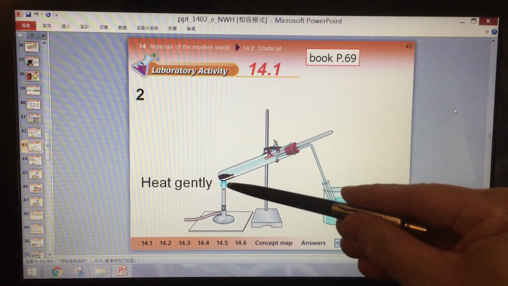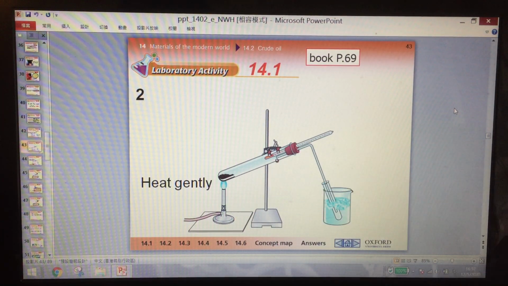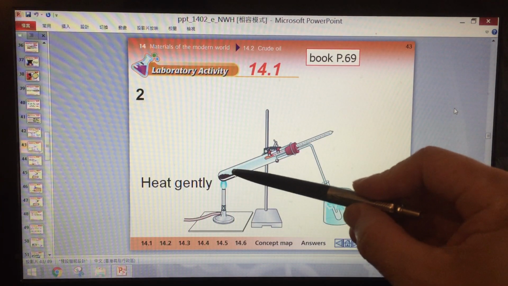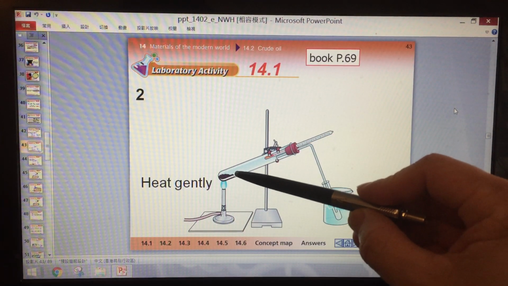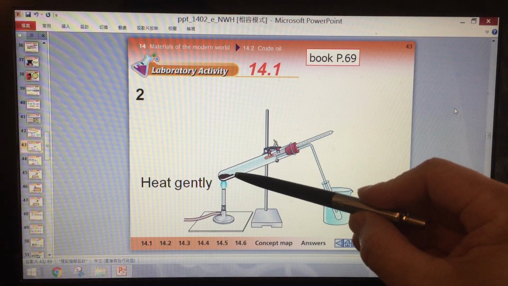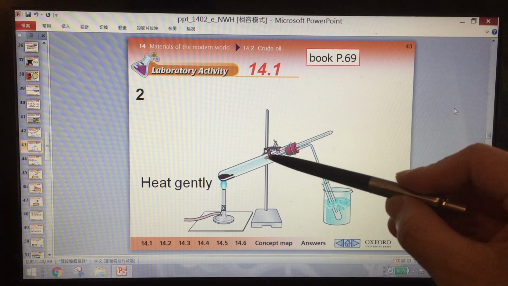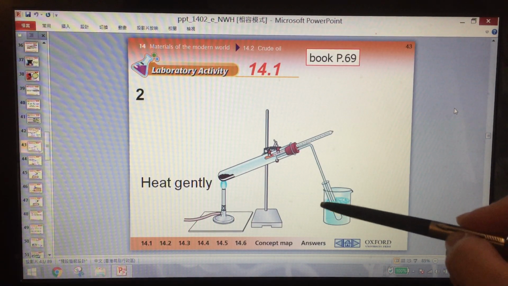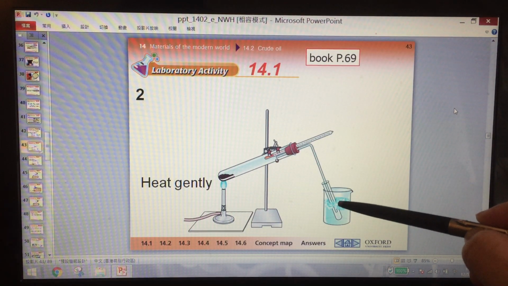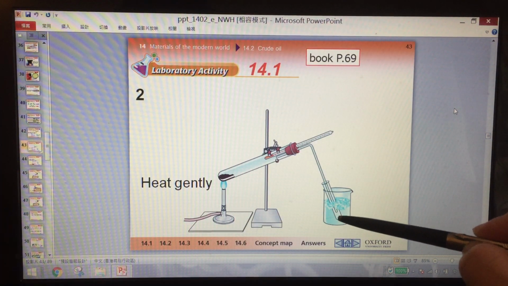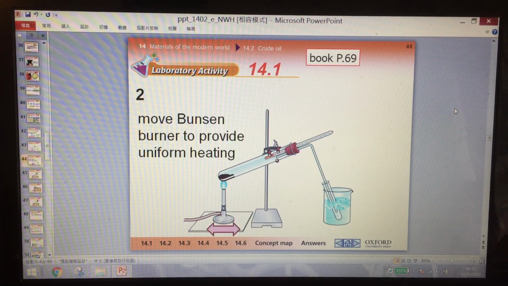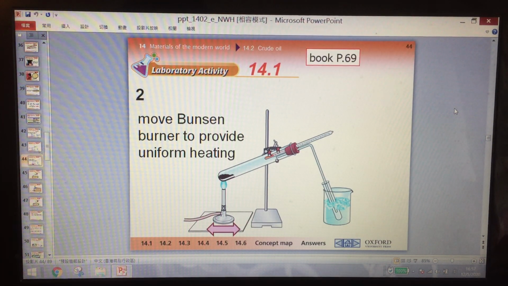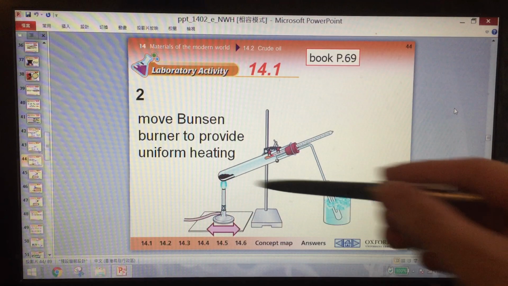At first, we heat here gently, and the temperature is lower. The small size molecules will vaporize, become gas, and then they will come out. And the gas here, this is ice water. The gas cools down, becomes liquid, and then we will collect the first fraction. Okay? So we heat here uniformly.